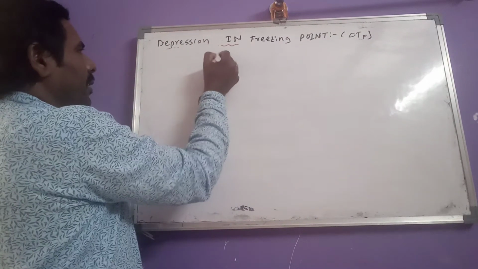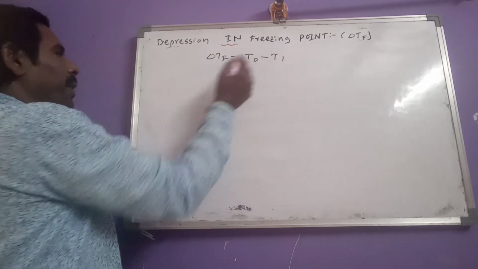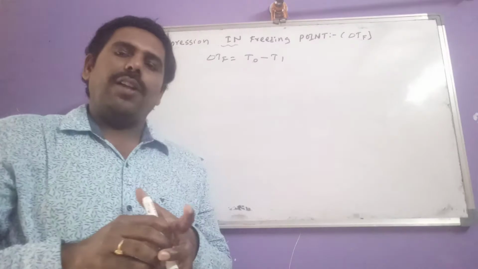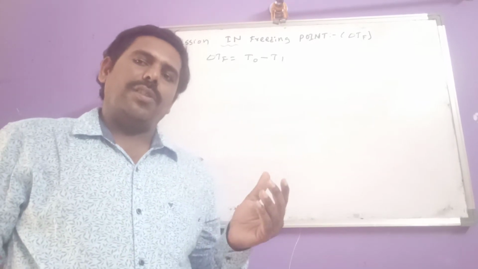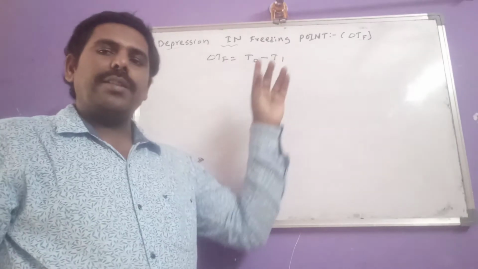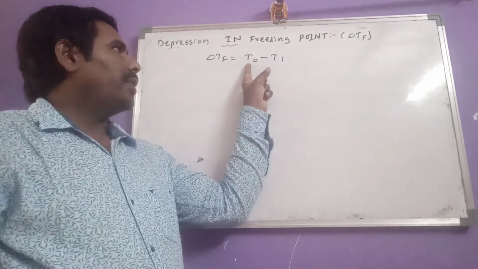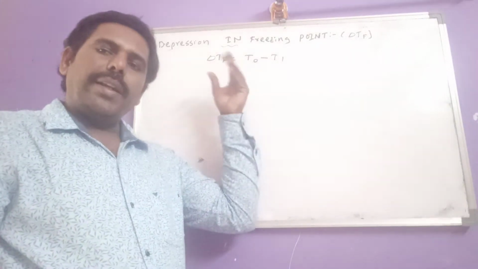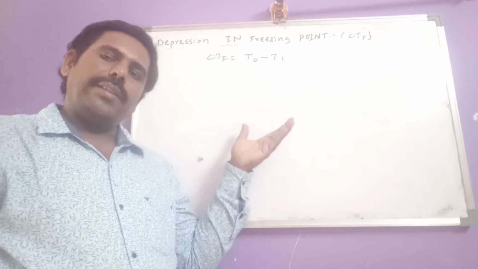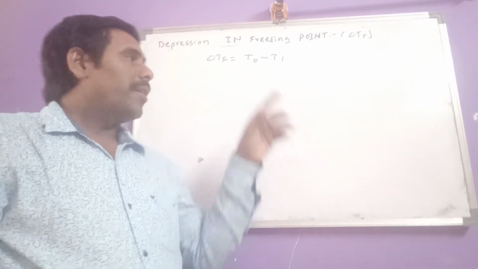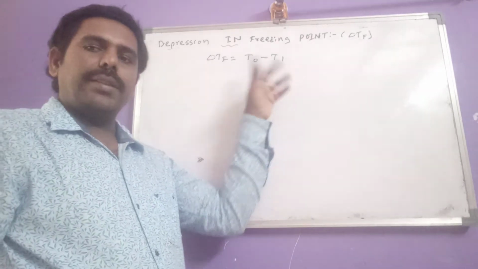Delta TF equals T naught minus T1, because the T naught value is greater than T1. T naught means freezing point of solvent and T1 means freezing point of solution. So that's why we write T naught minus T1. But in case of delta TB, we wrote T1 minus T naught. In case of delta TF, we should write T naught minus T1.